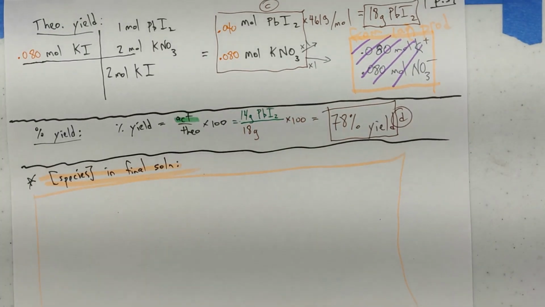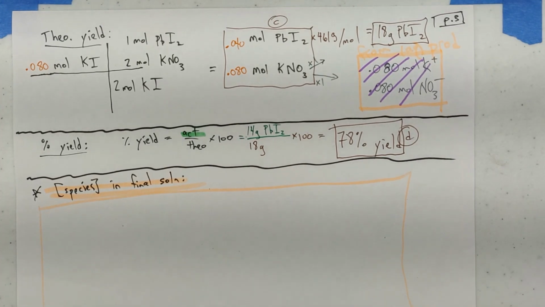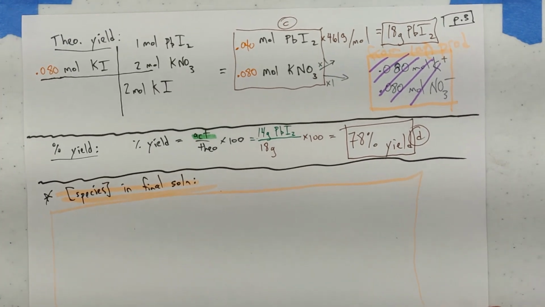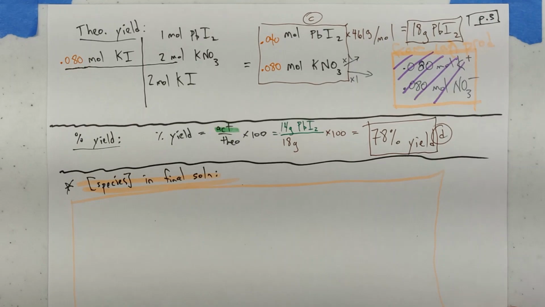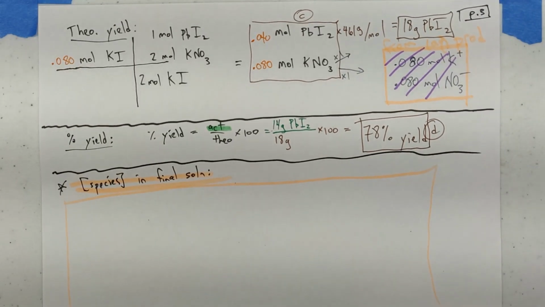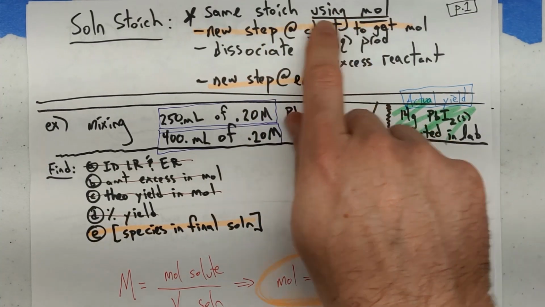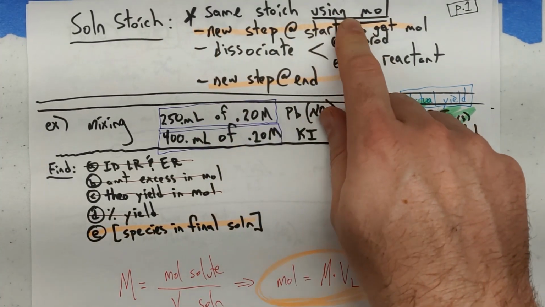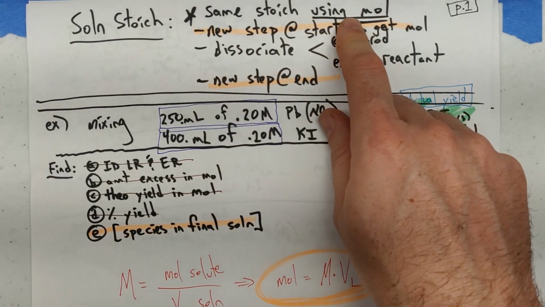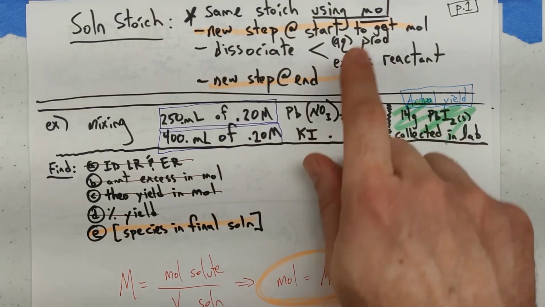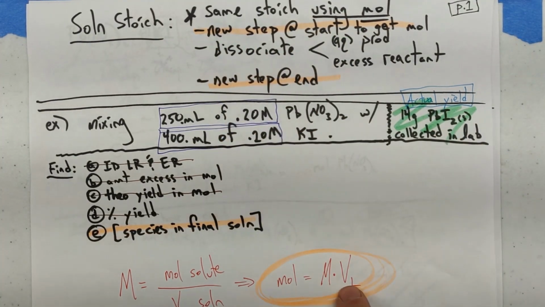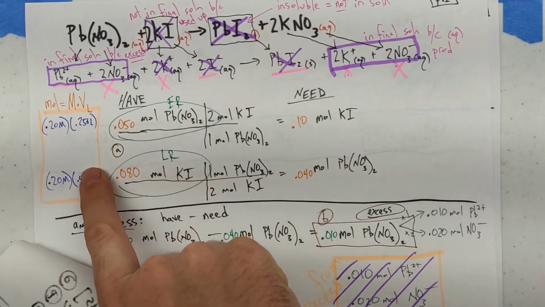I want to catch up with a quick summary here before we get into this last step. It may feel overwhelming at this point, and once you get the hang of it, every single one's the same, so don't get super stressed. It's all stoichiometry. So we needed moles and a balanced chemical equation to do stoichiometry. The way we got our moles was to use molarity times the volume, and that happened right there.